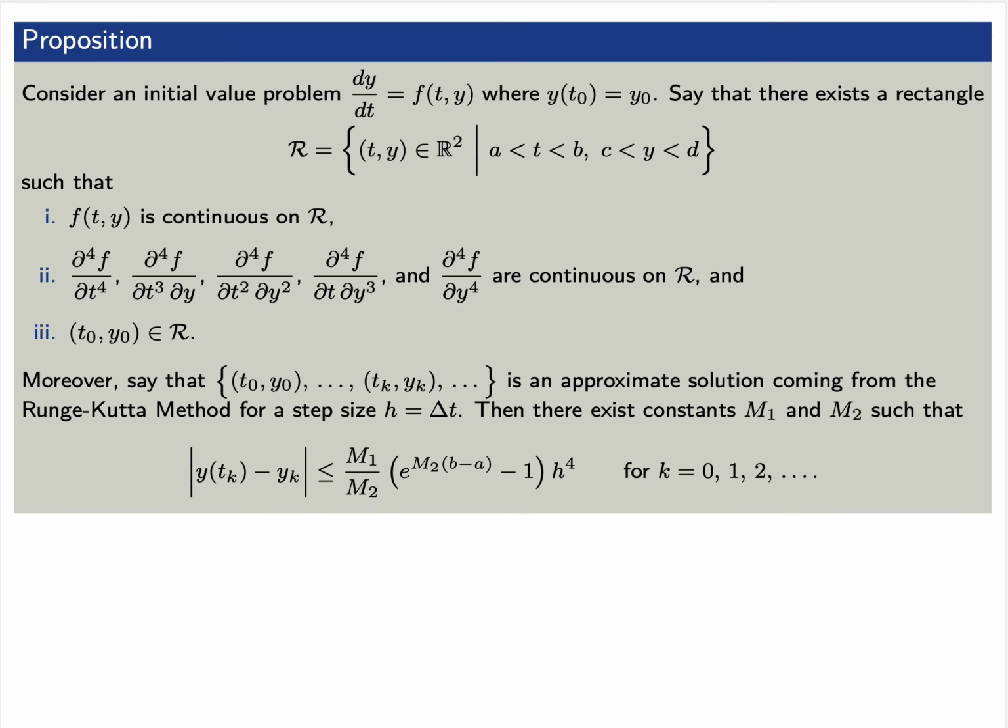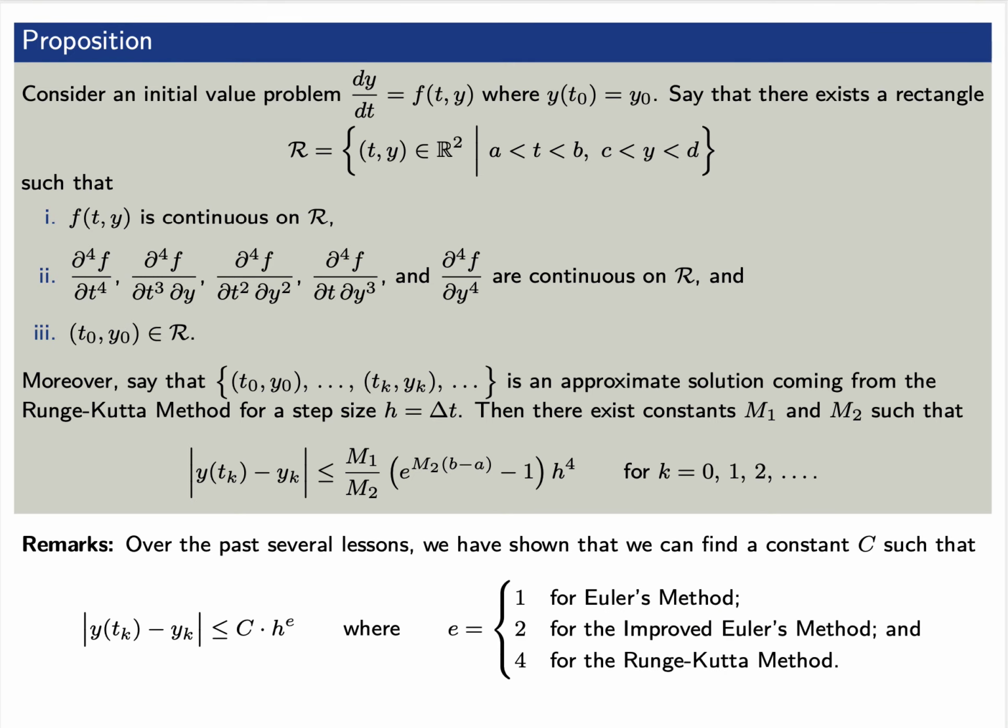Then we can prove that there exist constants M₁ and M₂ so that our error is less than or equal to M₁/M₂ times (e^(M₂(b − a)) − 1) times h⁴.